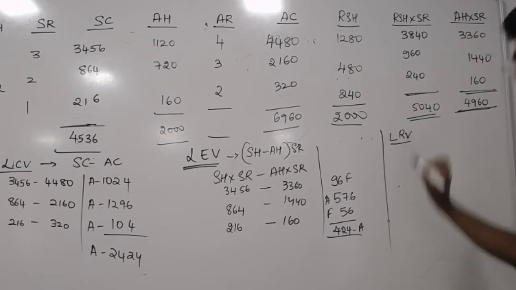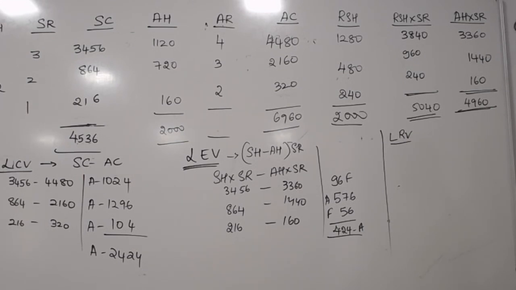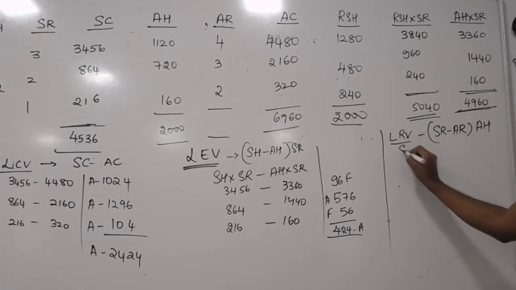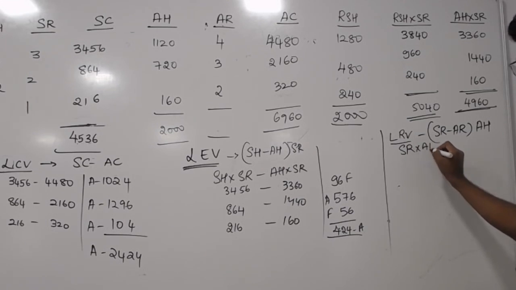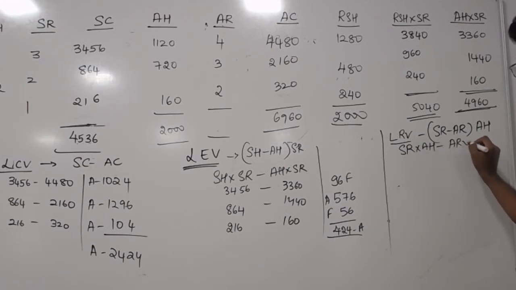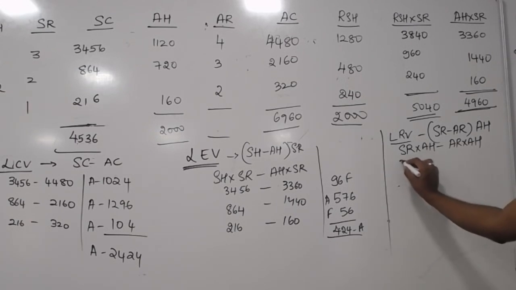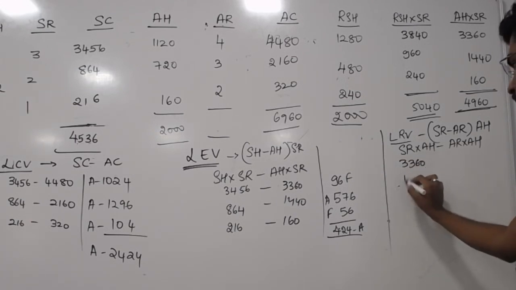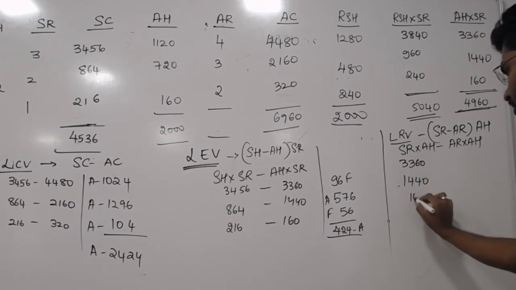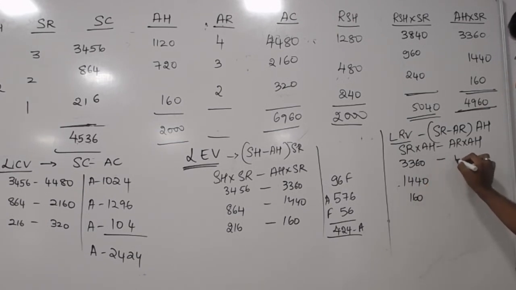Next variance is what? Labor rate variance. What is labor rate variance? Standard rate minus actual rate. That comes to 3360, 144, 160 minus.